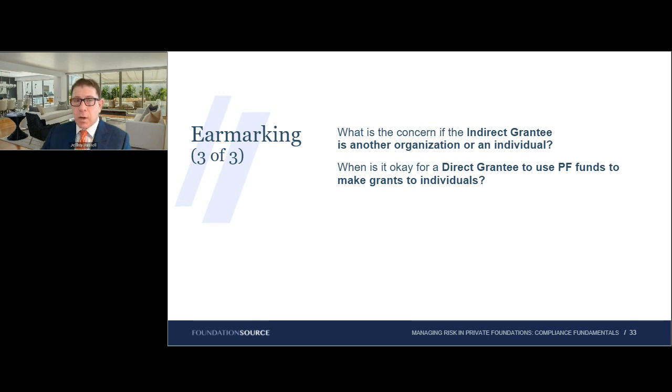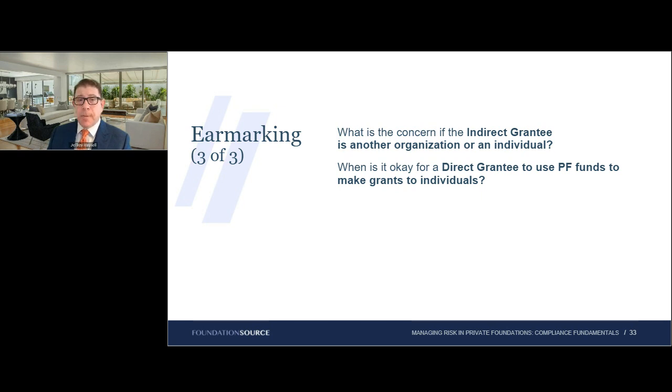So what actually happens when there's an earmarked grant that's made to another organization? There, a taxable expenditure will be triggered because the foundation, again, mistakenly thinking that oversight measures have been skirted, wouldn't have exercised expenditure responsibility or payment equivalency determination.